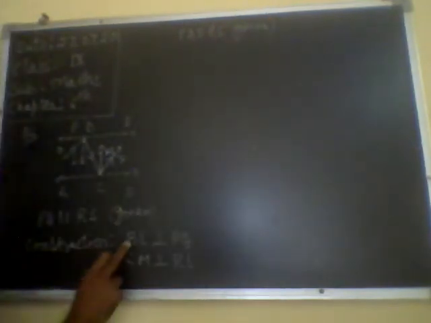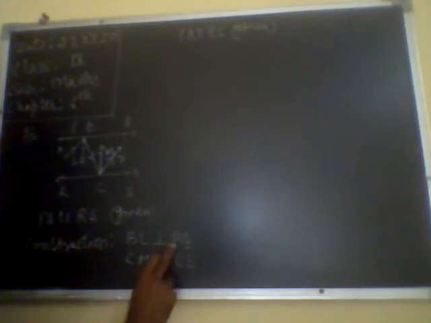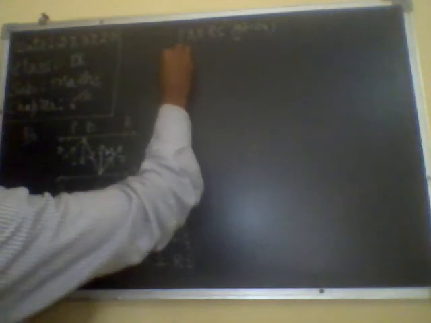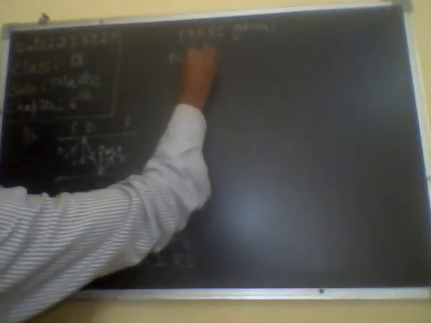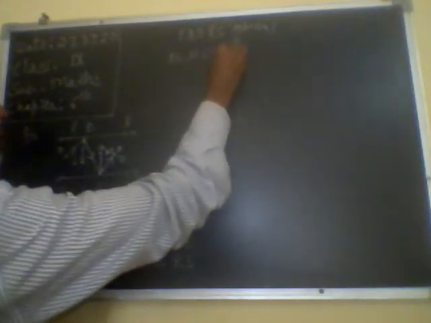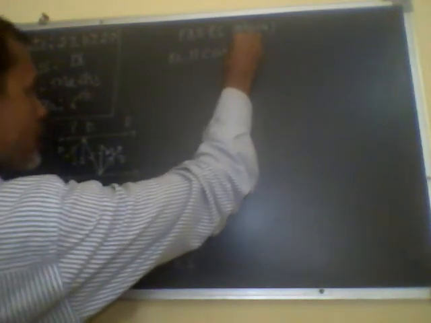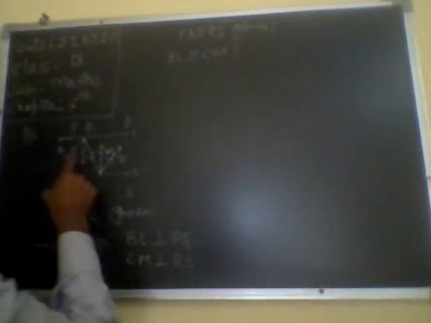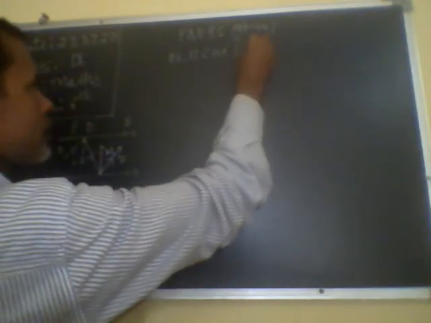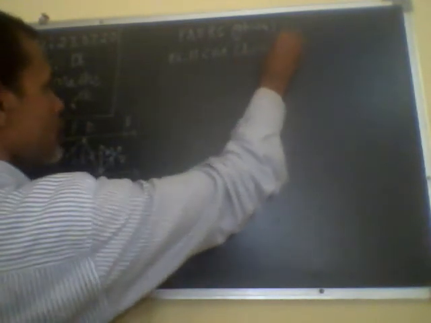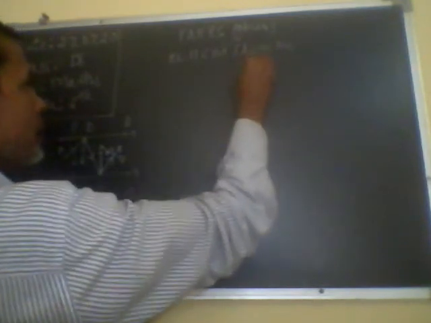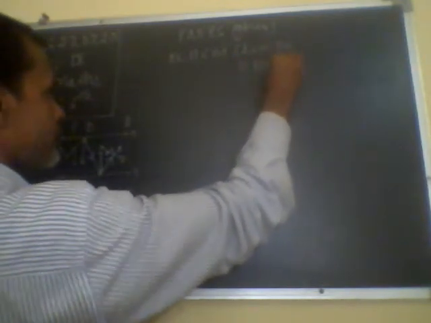And BL and CM are two perpendiculars on the parallel lines. Therefore BL is parallel to CM. The reason is that perpendiculars on parallel lines are always parallel.